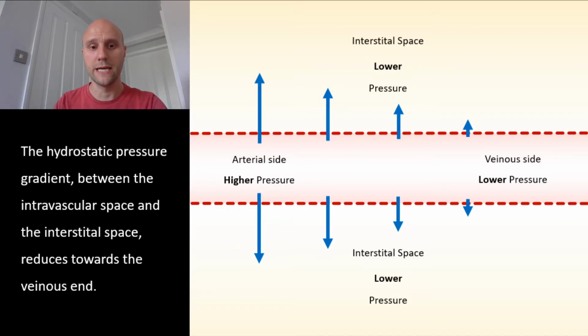You'll probably notice from the arrows as they diminish in this diagram that hydrostatic pressure lessens the further along the capillary you go from the arterial side, where the pressure is greater, to the venous side where the pressure is much less, and so you've got less hydrostatic pressure forcing fluid into the interstitial space.